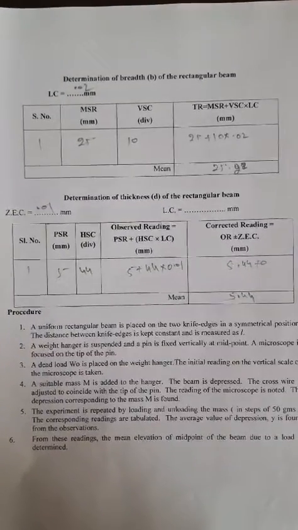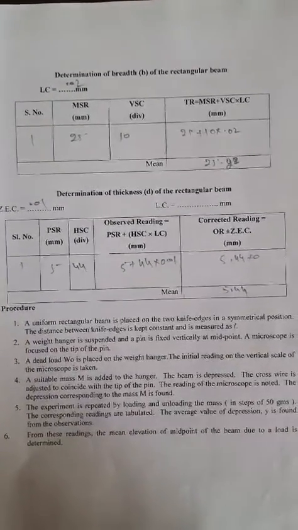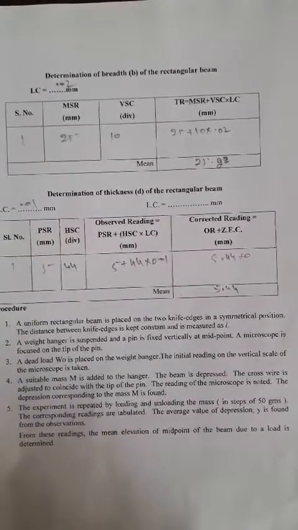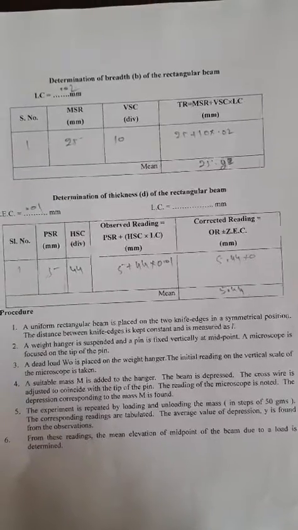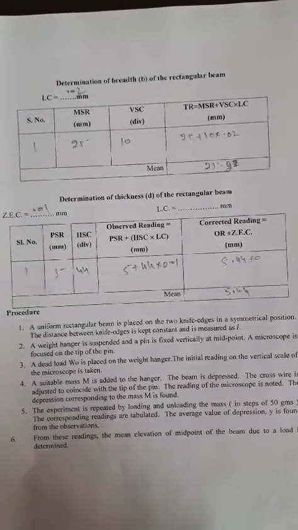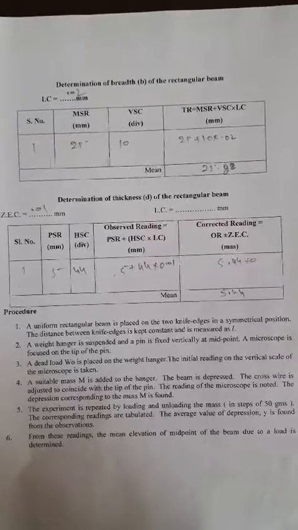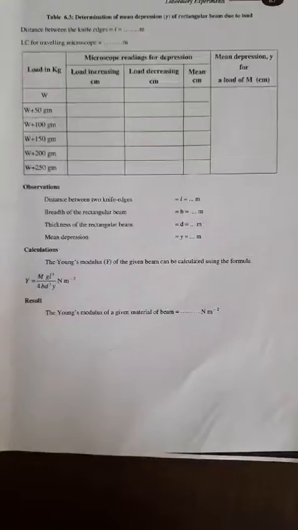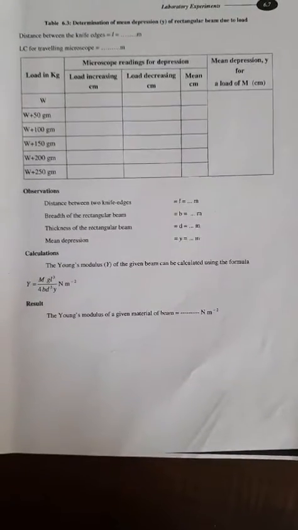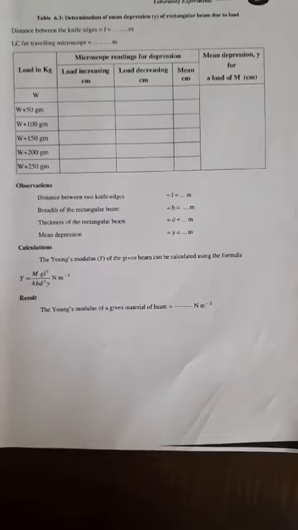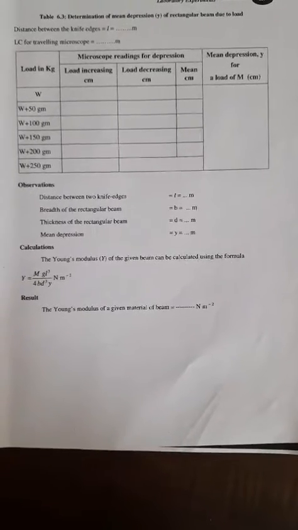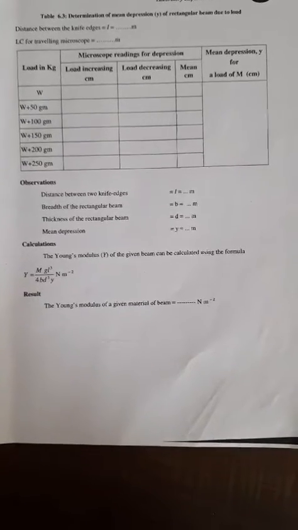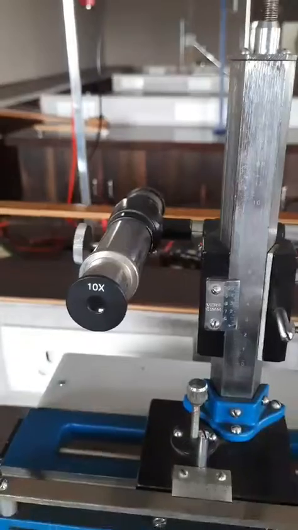Here are the observations that we determined using the screw gauge and the vernier calipers. 0.02 is the least count for the vernier calipers, and 0.01 is the least count for the screw gauge, and these are the observational data for B and D. This is the tabular column to determine the value of small y. So let me find out the values for this observational data by this non-uniform bending of the beam.